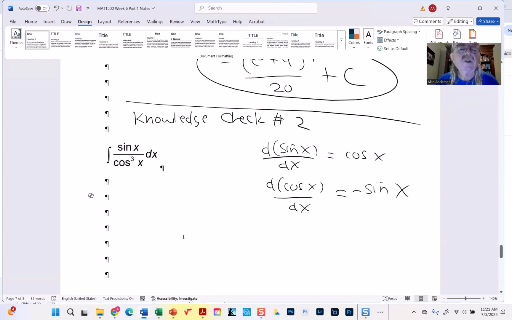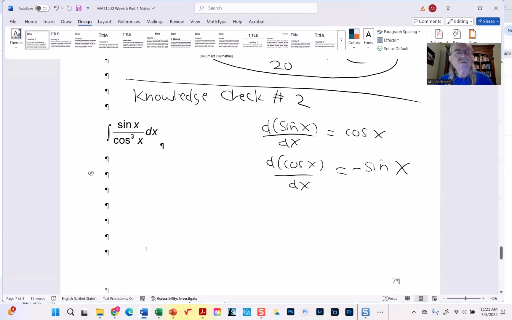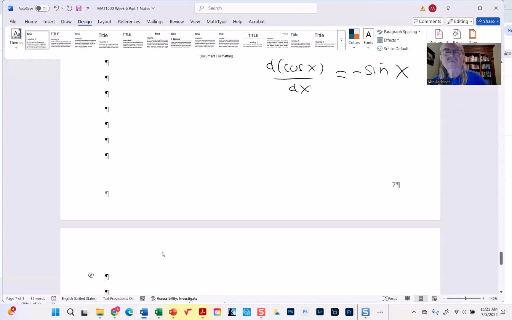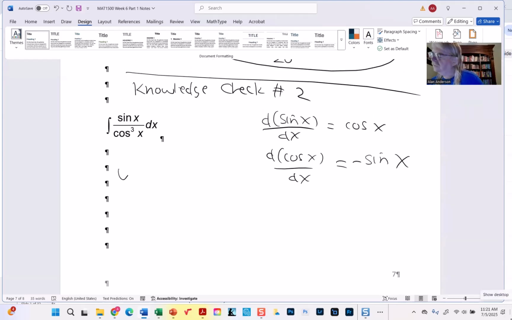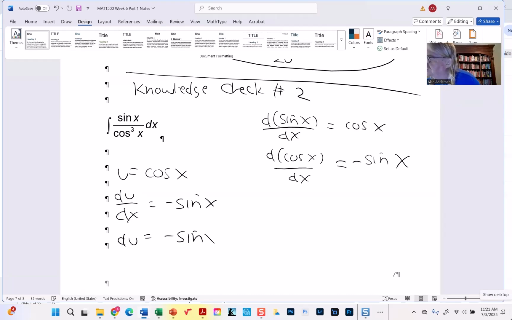So let's just say we try u equals cosine x. Fine. Then du/dx is negative sine x. du is negative sine x dx. That means we don't have the negative that we need. We're going to have to supply it.